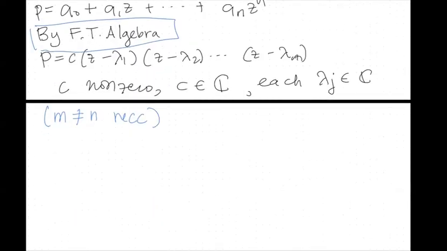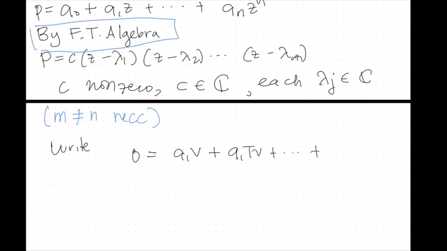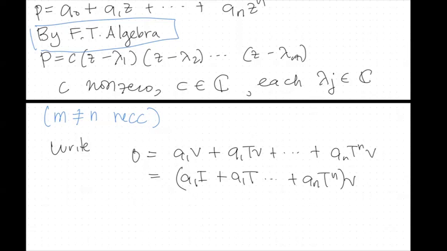Now we write 0 as a0 v plus a1 T v up to an T to the n of v. And here we write a0 I plus a1 T plus up to an T to the n, and then we can factor out v because it's just a linear map.